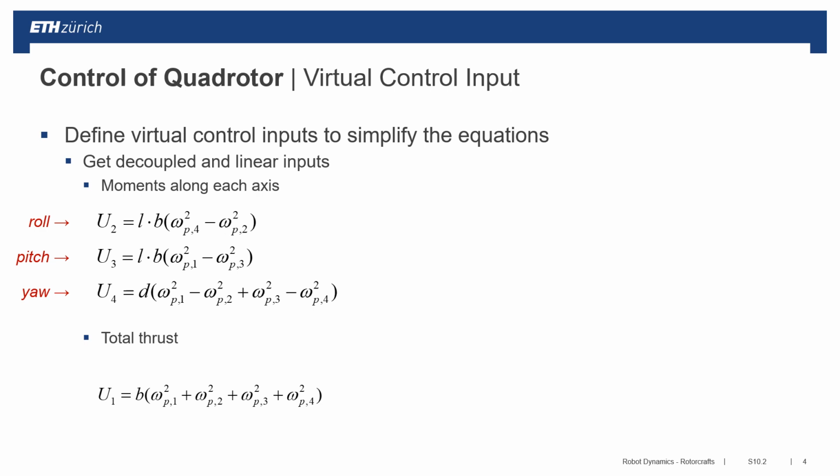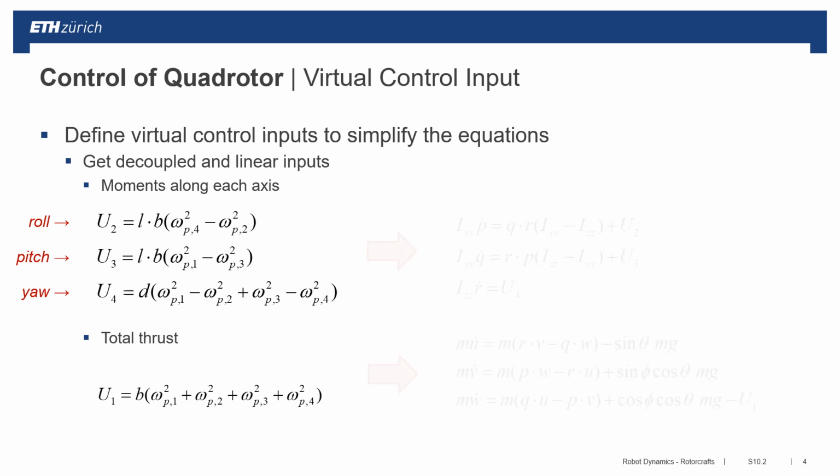For the yaw direction, the virtual control input U4 is proportional to the sum of all propellers. However, you have to compensate for the sign because 2 of the 4 propellers are counter-rotating. In thrust direction, you introduce the virtual control U1, which is just b multiplied by the sum of all rotational speeds in square.